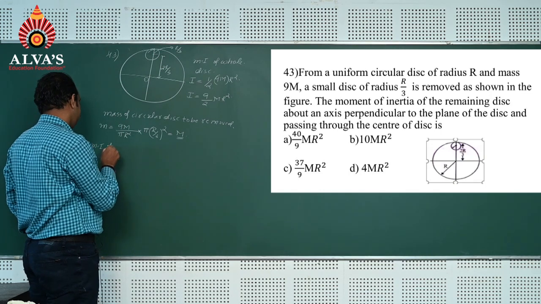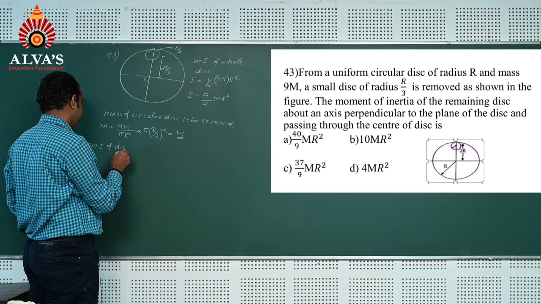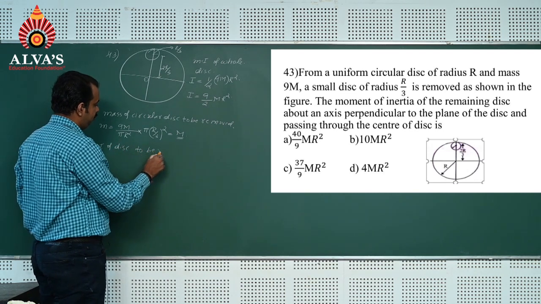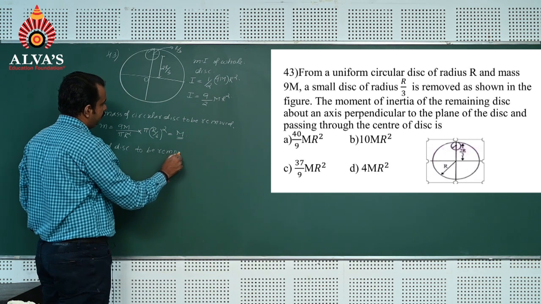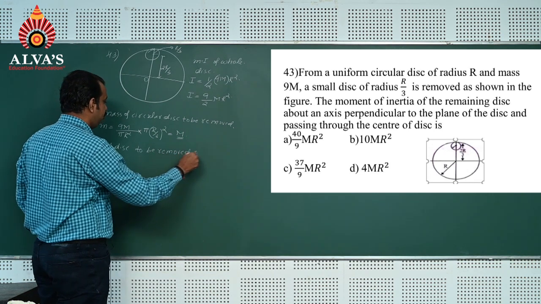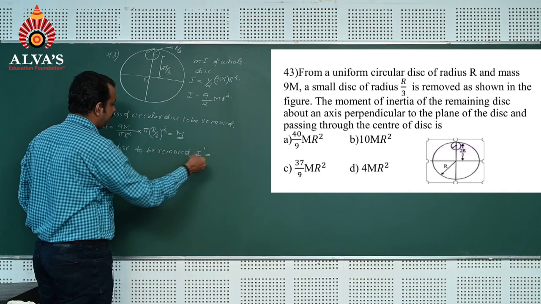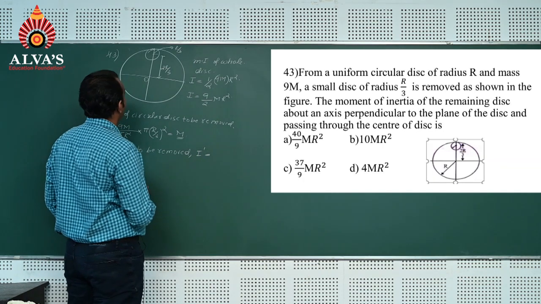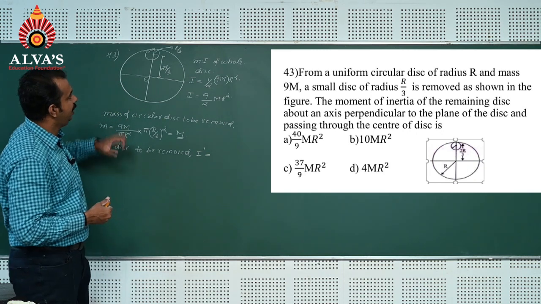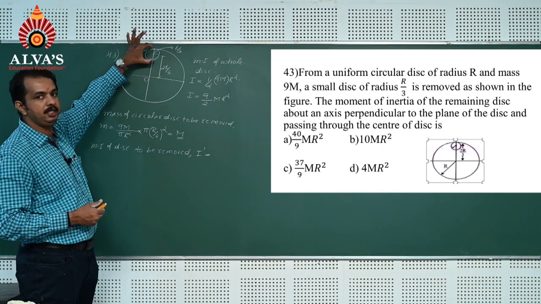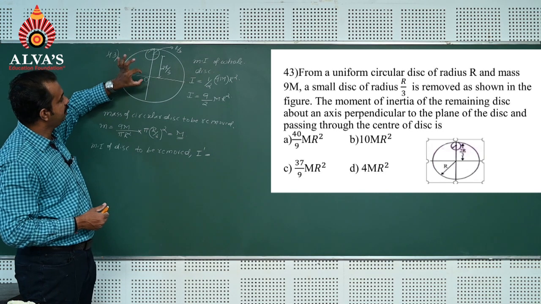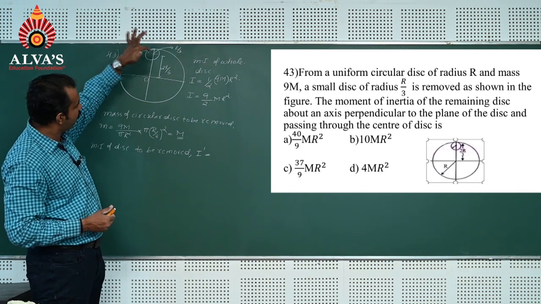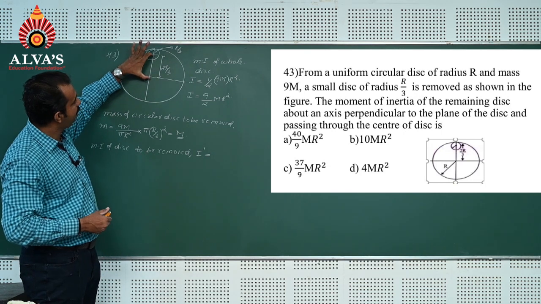Now, the moment of inertia of the disk to be removed can be found using the formula, which I would like to take as I dash. Here we have to use the parallel axis theorem: moment of inertia of this small disk about this axis is equal to the moment of inertia of the disk about its center axis plus m x square.